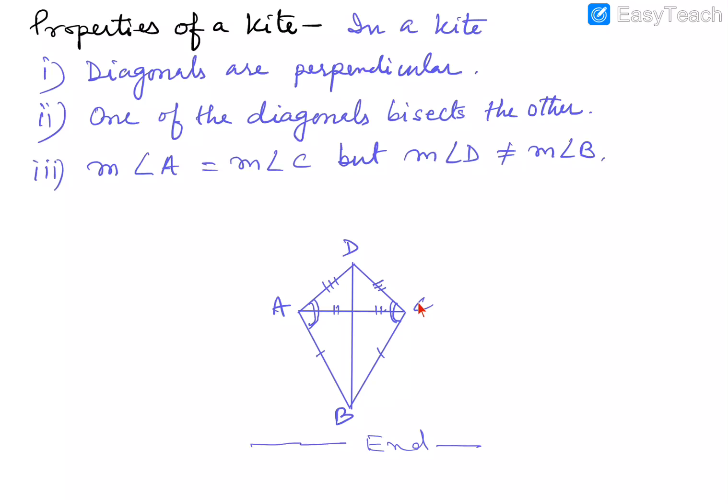One diagonal bisects the other. इसमें एक डायगोनल दूसरे को बाइसेक्ट करता है. दोनों ही डायगोनल एक दूसरे पर परपेंडिकुलर होते हैं. और थर्ड प्रॉपर्टी है मेजर ऑफ एंगल ए इज इक्वल टू मेजर ऑफ एंगल सी, बट मेजर ऑफ एंगल डी इज नॉट इक्वल टू मेजर ऑफ एंगल बी. इसमें टू अपोजिट एंगल्स इक्वल होते हैं और अदर पेयर इक्वल नहीं होता है एंगल्स का.